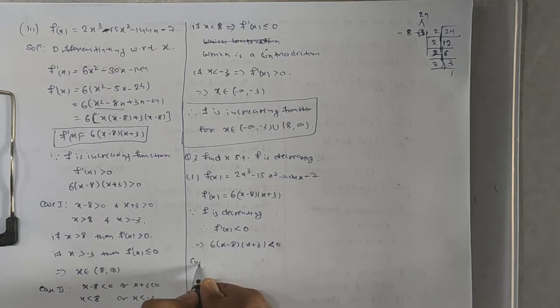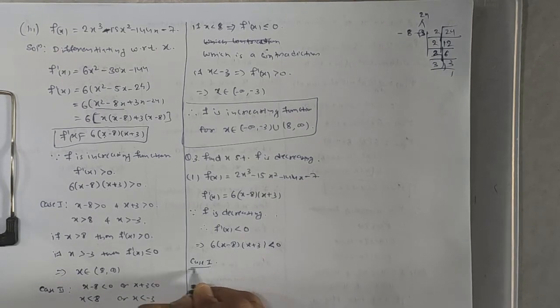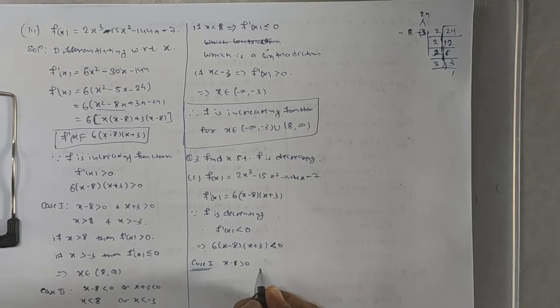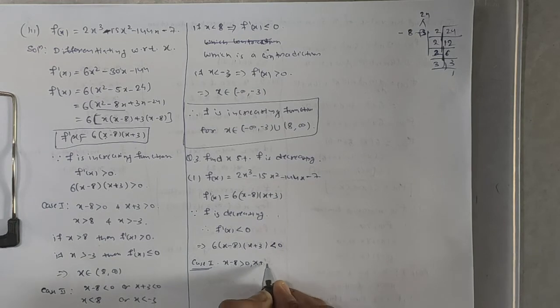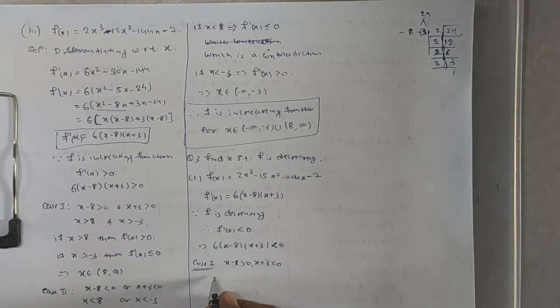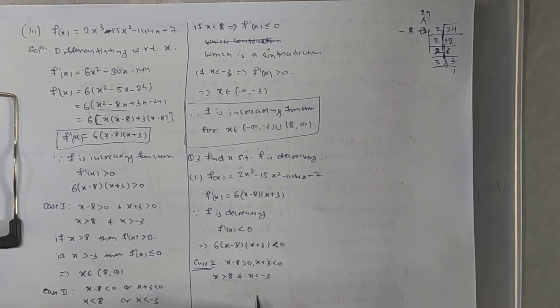So case 1, in case 1 we are taking x minus 8 positive and x plus 3 negative. So this implies x is greater than 8 and x is less than minus 3.